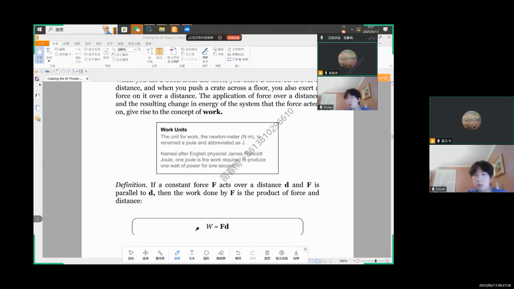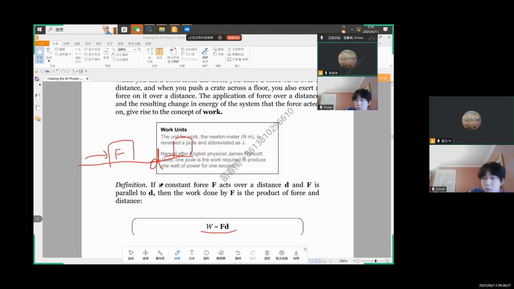This is the formula, and the phenomenon is this. There is a force F pushing, and after a little while, it goes the distance d. So you can see the effect of this force. Of course, we're talking about frictionless, so the effect of the force is making a distance d, right?